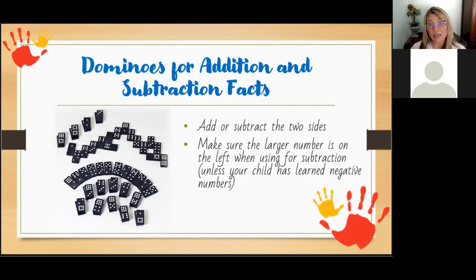When the child gets the answer right, you give them that domino. If they get it wrong, it goes back in the pile and they'll get that question again as you work through that whole set. And then once the child has all the dominoes, give them a period of free play with them. They can either play a traditional game of dominoes or simply set them all up and knock them over.